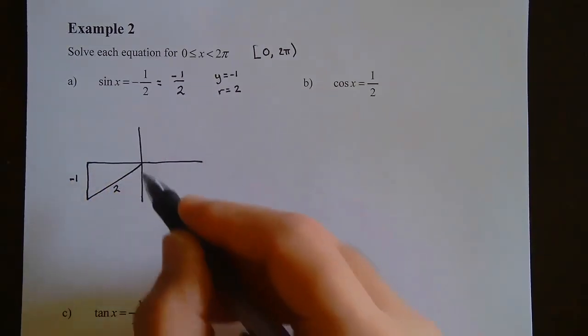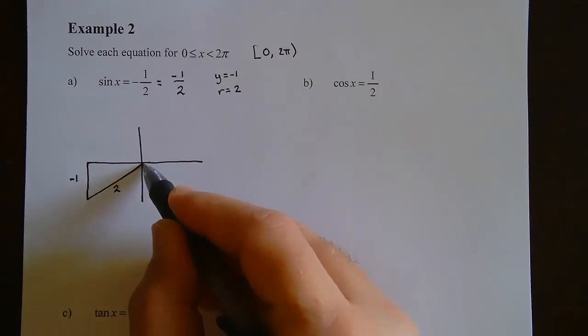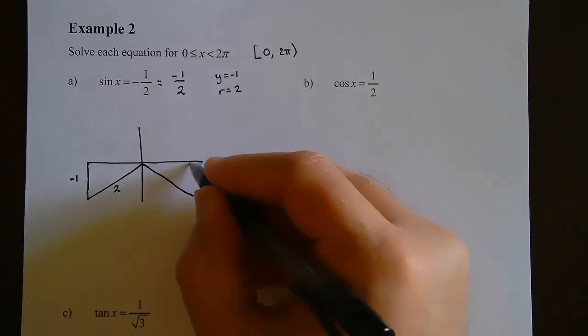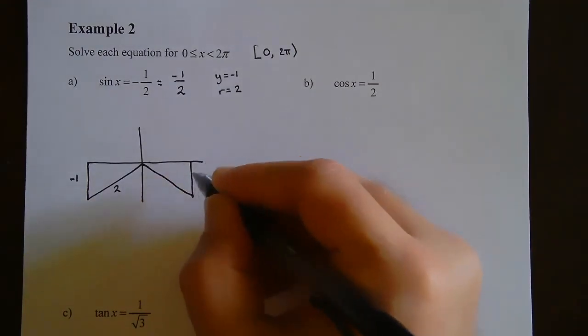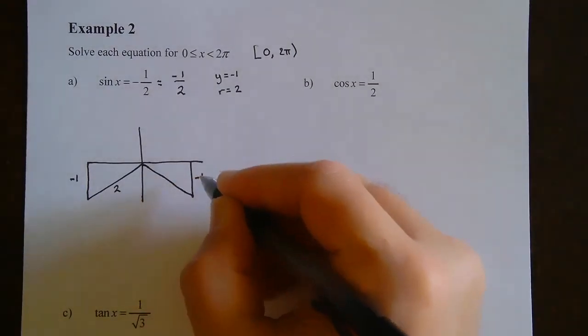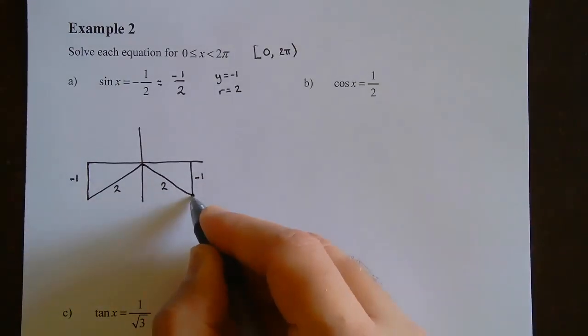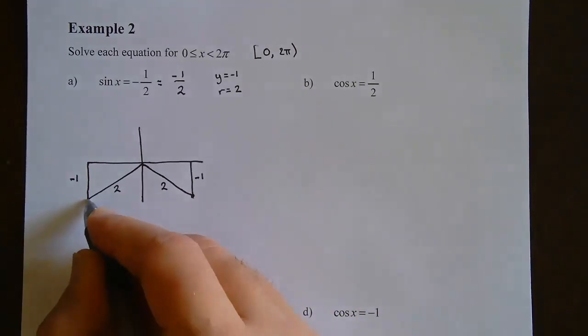We're going to draw the right triangle in this quadrant too, because this also could be where it happens. My y is -1, my r is 2, because that's my radius, and this right here is my x and y point.